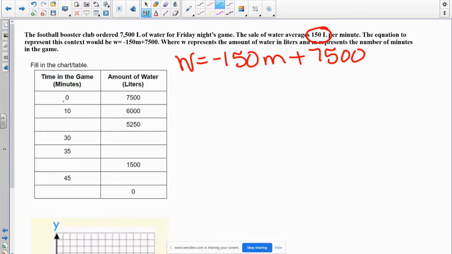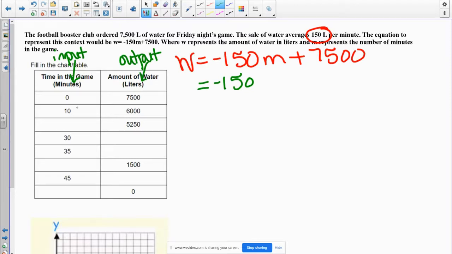So we look at our table here. We notice that if there's 0 time or 0 minutes, then we have that 7,500 liters, which makes sense because that's how much water we had at the beginning. 10 minutes go by, we check the math here. So these are your inputs. These are your outputs. In this case, our inputs are minutes. Our outputs are liters.